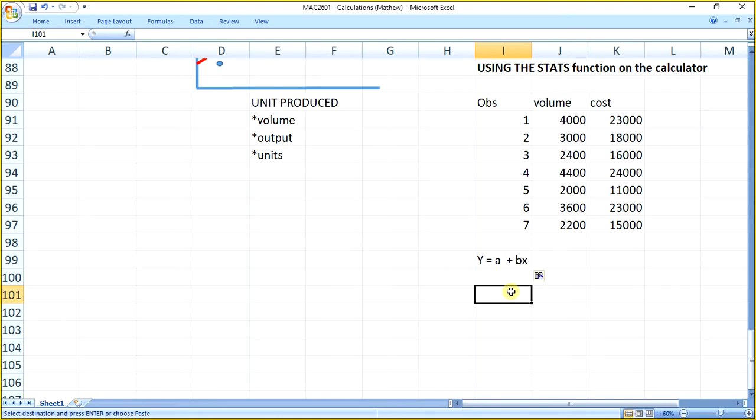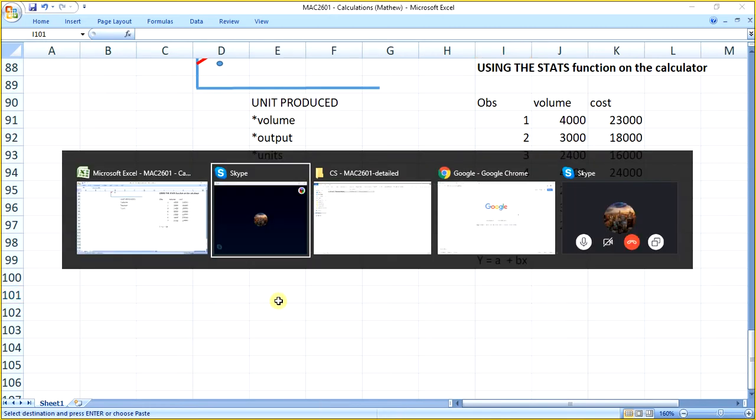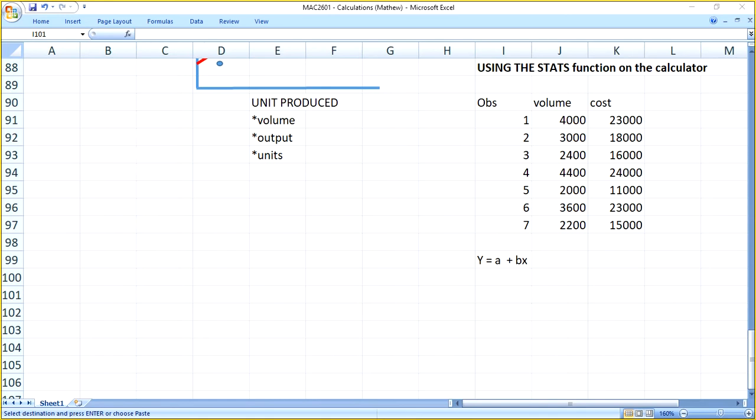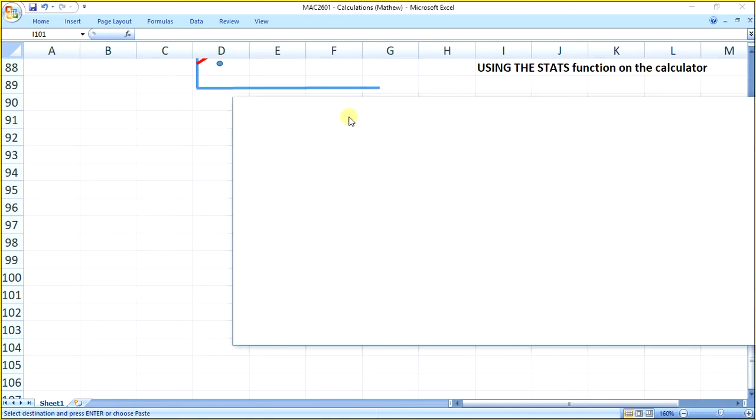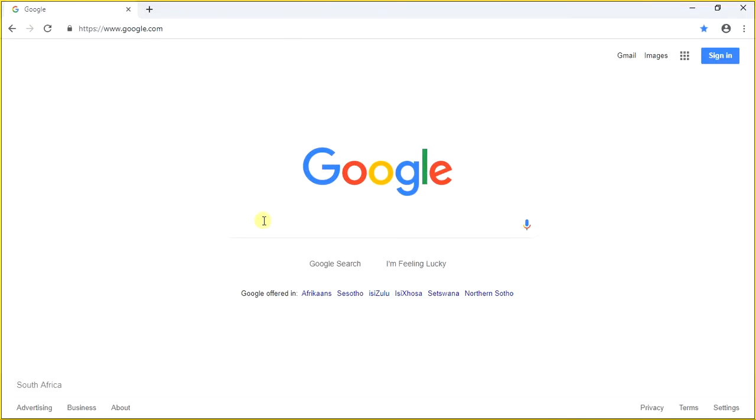I do remember there is a mode where you can just set it up on the Casio calculator. Yes. On the Casio, what type of Casio do you have? Can you show a video? No, I want to bring a picture up so I can see what buttons you have.